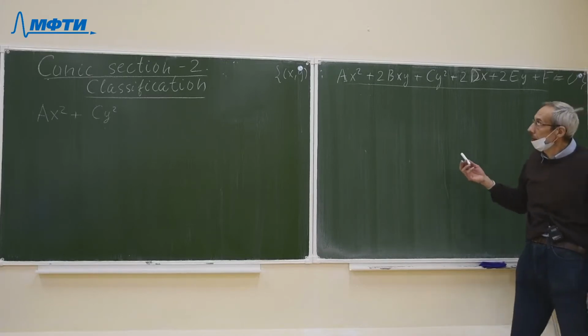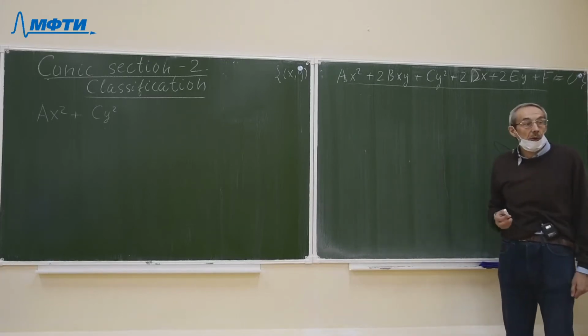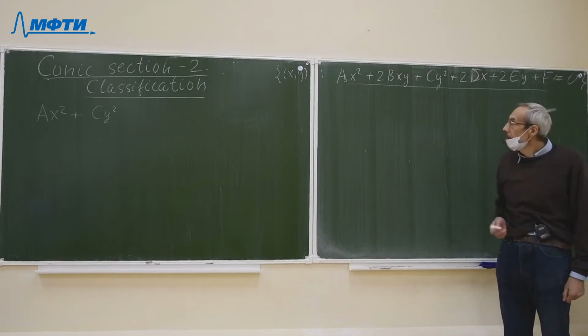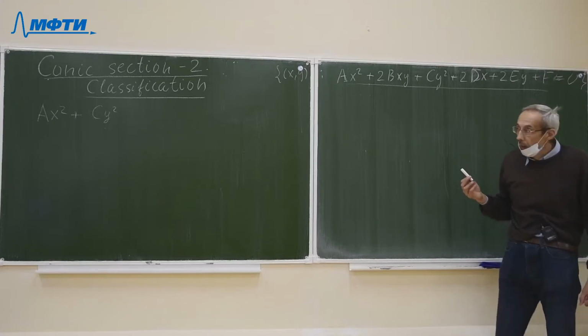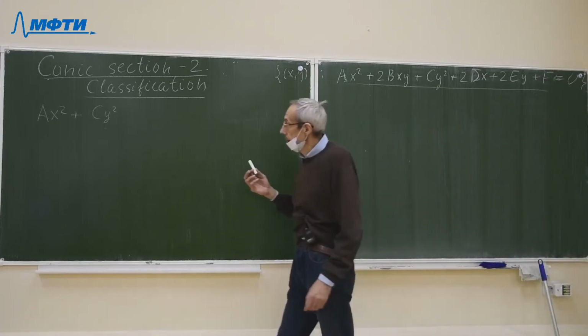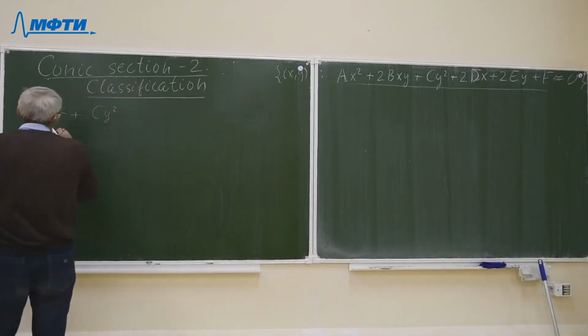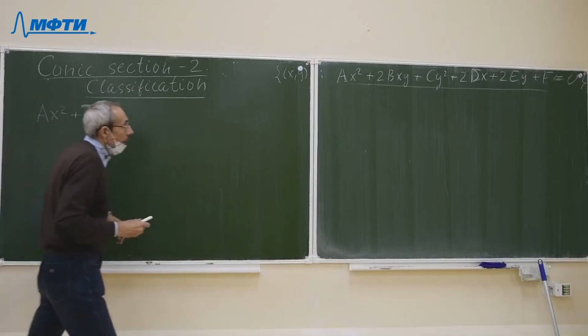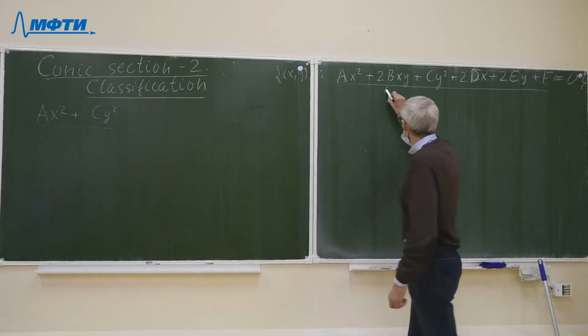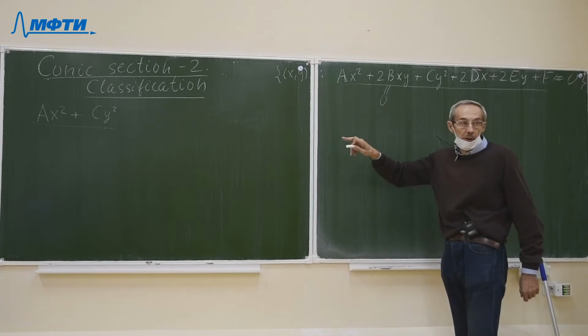A conic section is an arbitrary second order curve. In the previous lecture, we considered the partial case when the coefficient b is equal to 0.